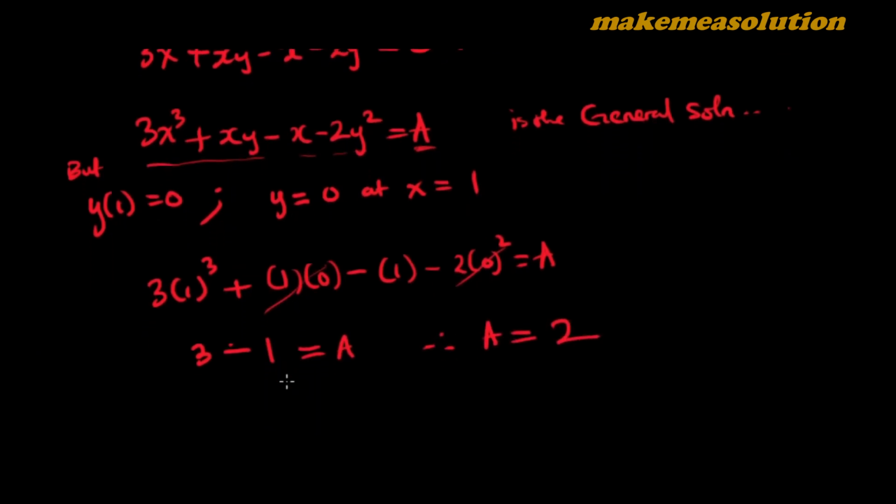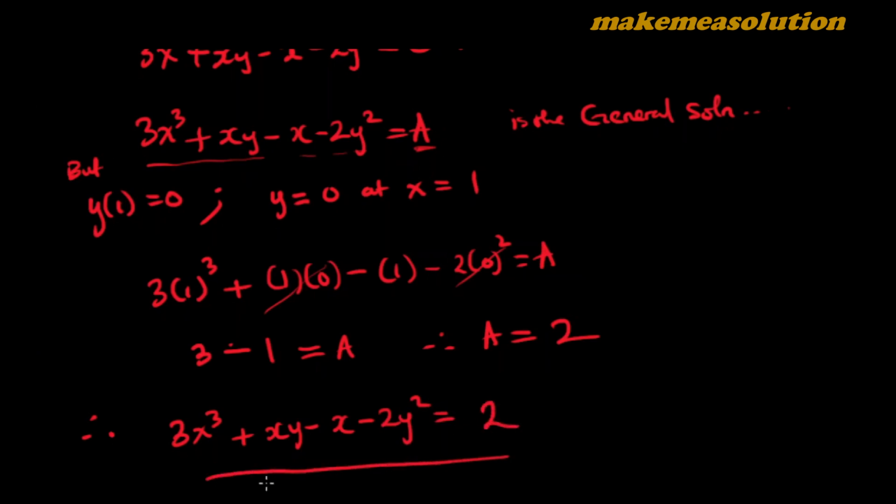So finally we now have, for this particular differential equation, 3x cubed plus xy minus x minus 2y squared is equal to 2. So this is the particular solution.